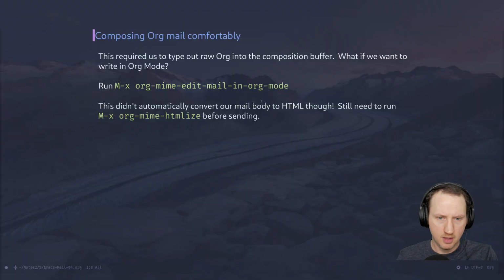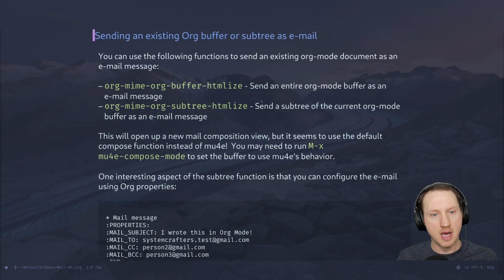Cool. So what else? Let's talk about sending in an existing org buffer, or maybe a subtree of a buffer as an email. There are a couple commands you can use for that. So let's jump back into the email, and we'll take a look at org-mime-org-buffer-htmlize and org-mime-org-subtree-htmlize.